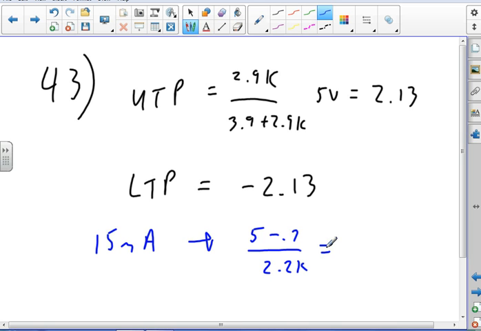So 4.3 divided by 2.2K, I only have 1.9 milliamps. And at 1.9 milliamps, the LED will not turn on. So the first flaw is I got the trip point wrong. The second flaw is that I have a current limiting resistor that won't allow the diode to turn on. All right, so I found the two flaws.